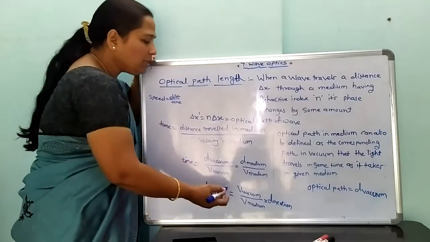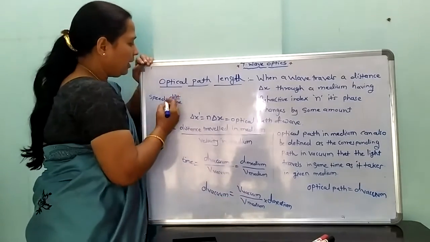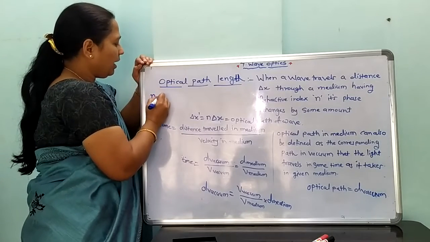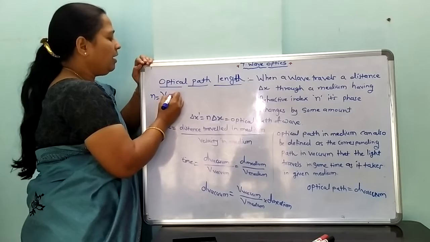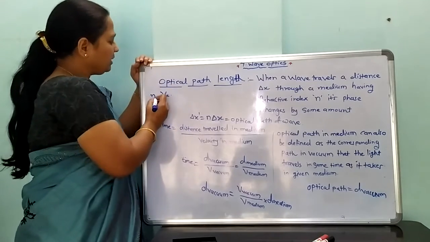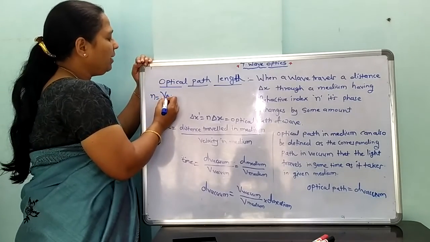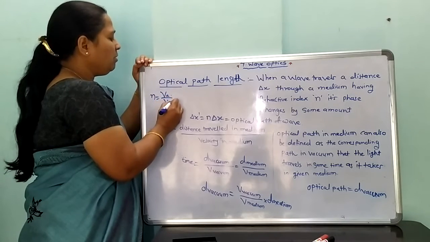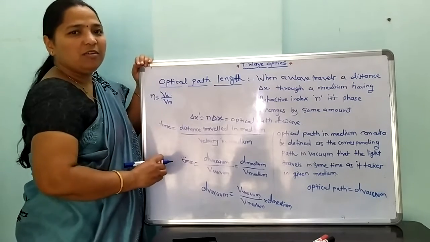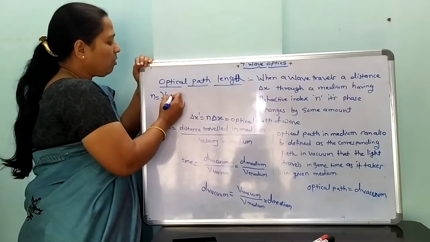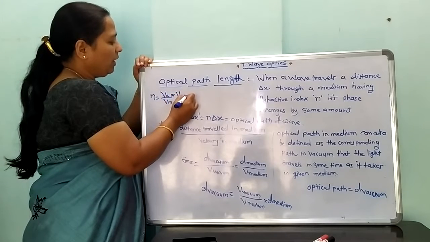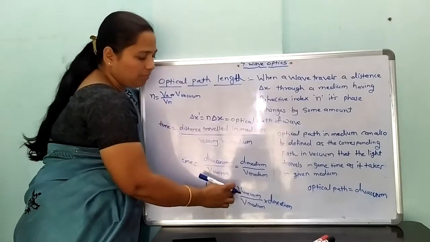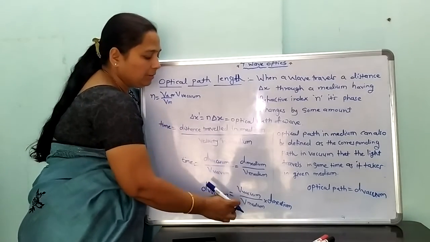The refractive index is a constant. In 11th standard we learned about refractive index: n is equal to the velocity in air or vacuum medium upon the velocity in any medium, v vacuum upon v m.